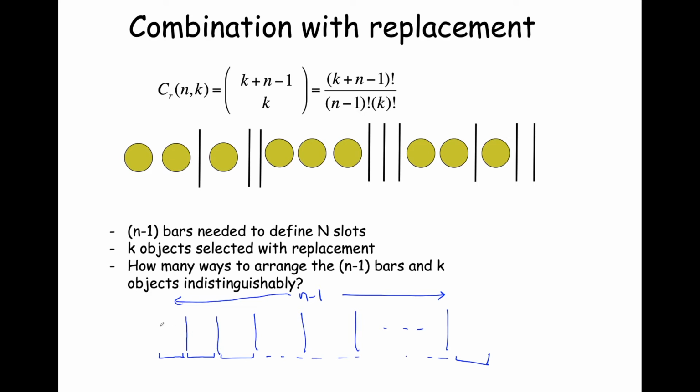And these spaces are the spaces on the left of a stick or on the right of a stick. So here's my first space, my second space, up to and including my nth space. And so it just so happens, as we said before, you're going to throw a ball, and that ball is going to land in one of these spaces.